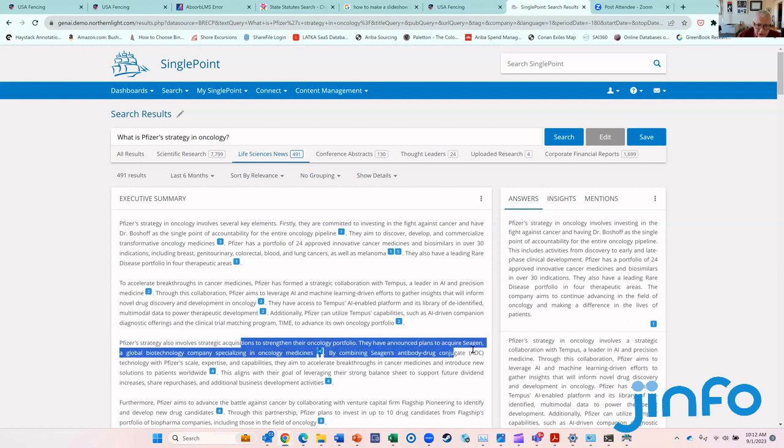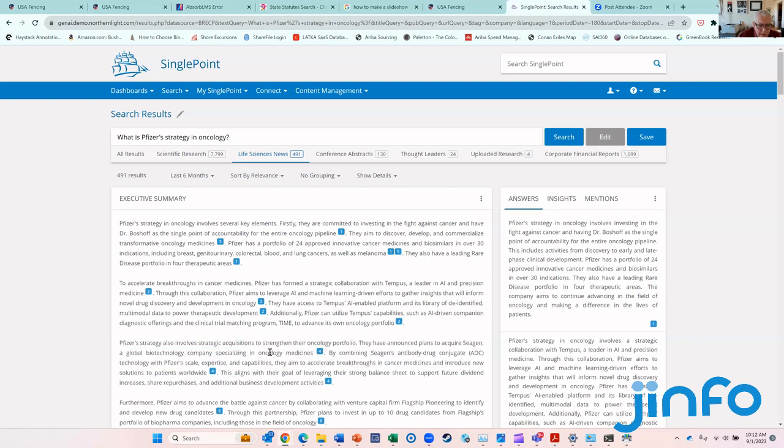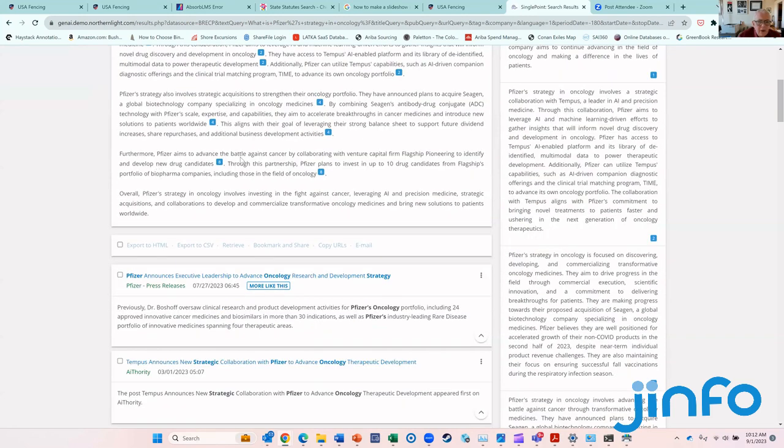They are making acquisitions. They have announced plans to acquire Seagen, a global biotech company. They're collaborating with a venture capital firm called Flagship Pioneering to identify and develop new drug candidates. So, this is a pretty good, quick summary, and what did it take? 5 seconds to do, 10 seconds maybe?